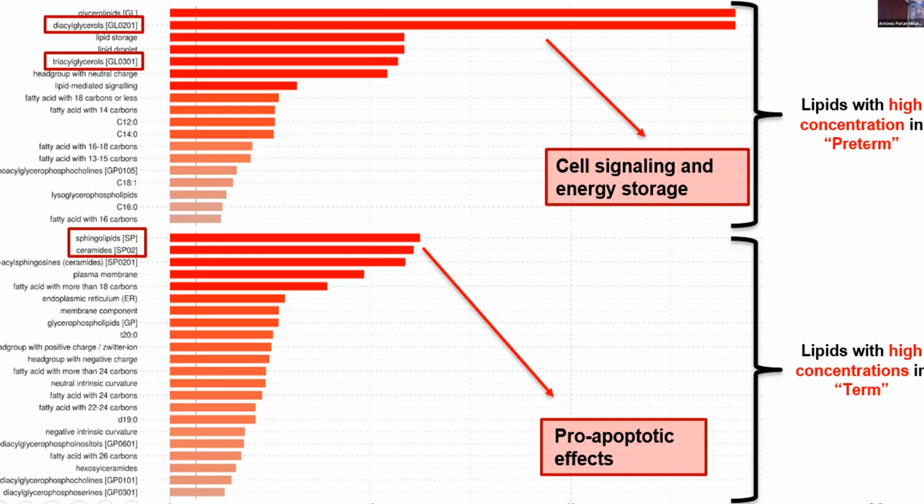The lipids found in higher concentration in the preterm group were mainly involved in cell signaling and energy storage. And the lipids with high concentration in the term group were mainly involved in pro-apoptotic effects.